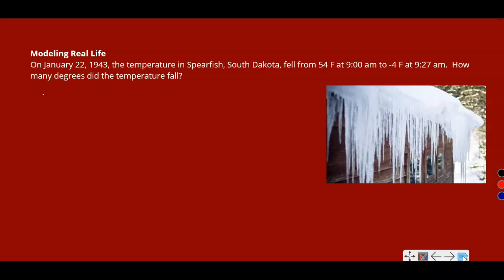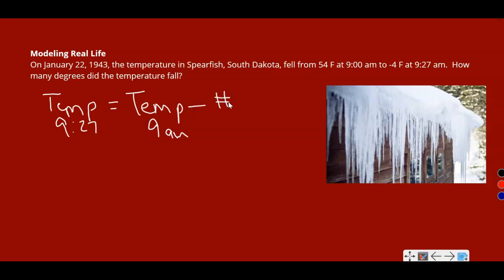Let's start with the temperature at 9:27. And that's going to equal the temperature it started at, which is 9 a.m., and then minus the number of degrees the temperature fell. If you can read this.